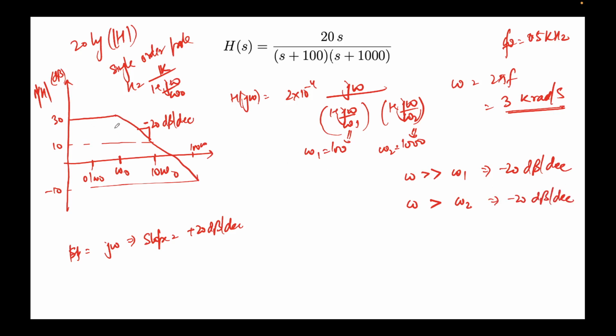This is the Bode approximation. So omega naught here, in this case, is omega 2. So at 1 kilo radians per second, the slope will change. Okay, so what is the total slope? The constant does not have any slope.